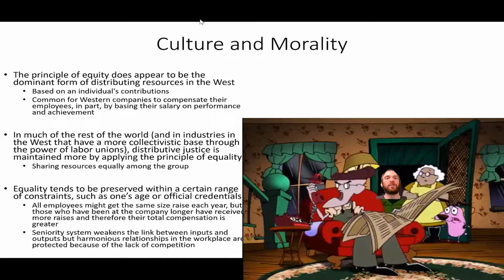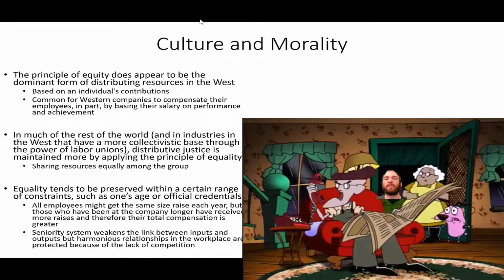But the argument here, in the case of this Japanese study, is that by weakening that relationship between inputs and outputs, it decreases competition or urges within the workplace against each other, and this creates more of a harmonious relationship in the workplace, going back to the value of interpersonal relationships within a given culture.